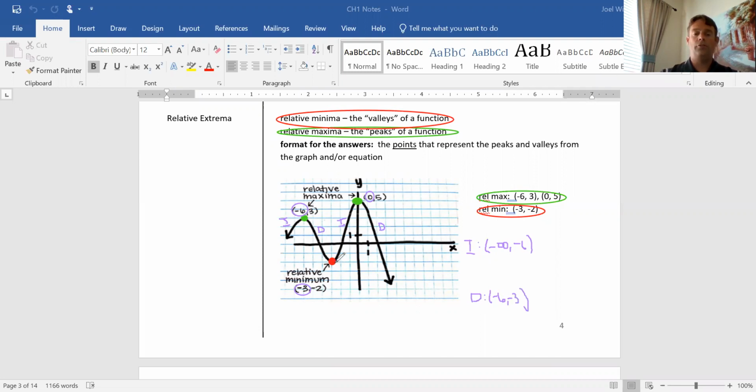And then increasing from -3 to 0. And decreasing from 0 to infinity.